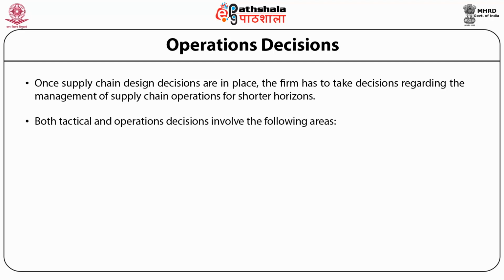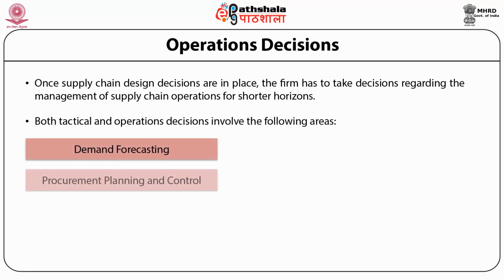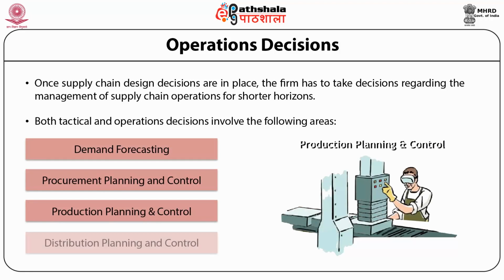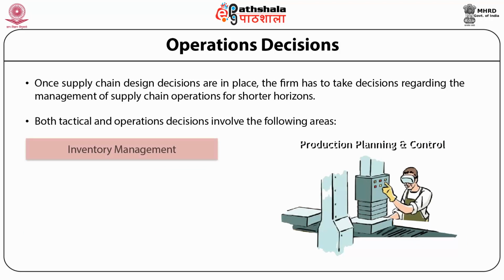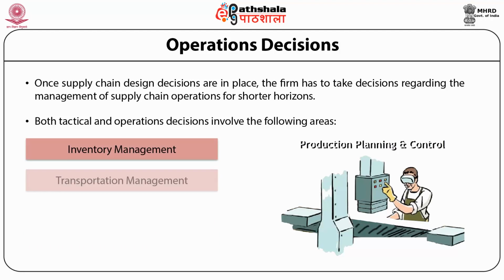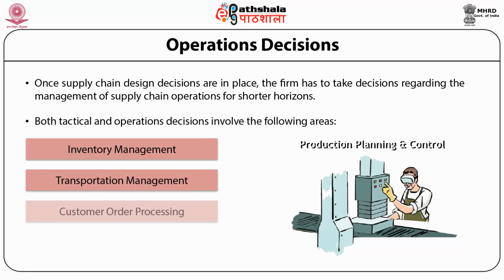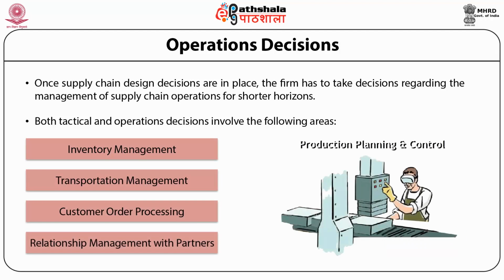Both tactical and operational decisions involve the following areas: demand forecasting, procurement planning and control, production planning and control, distribution planning and control, inventory management, transportation management, customer order processing, and relationship management with partners.